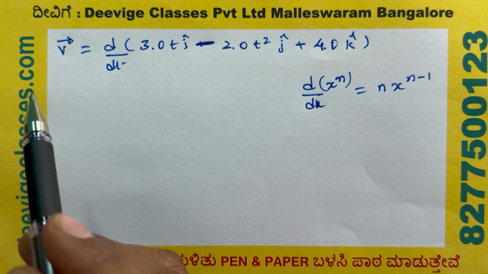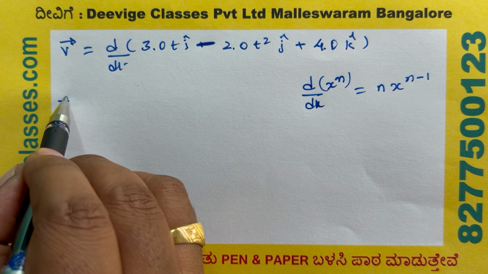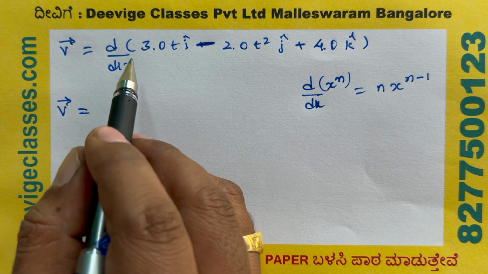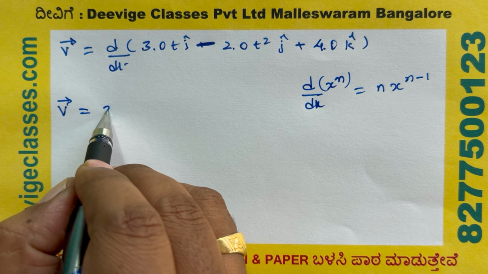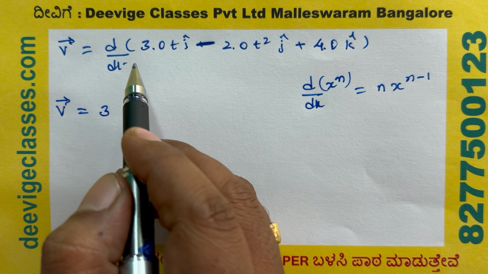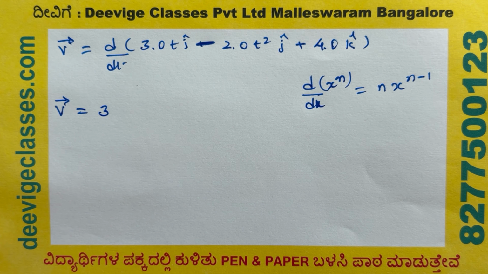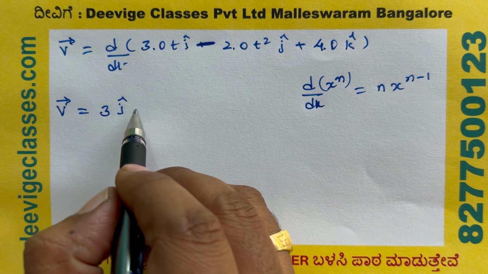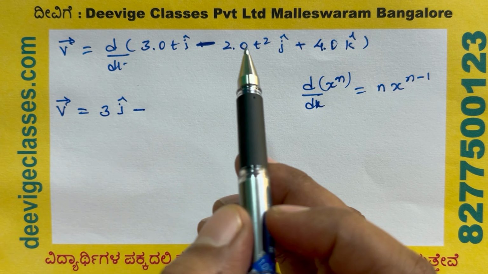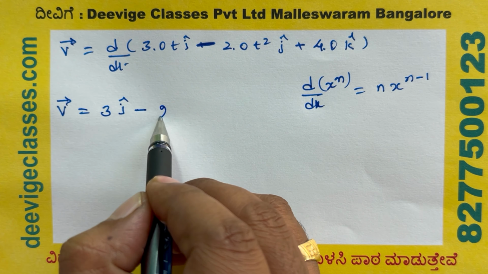So v vector is equal to differentiation of 3, which is a constant. Take it out, write it outside. Differentiation of t with respect to t, how much? 1. So into i cap. Correct? So minus differentiation of 2 is a constant, write it as it is.